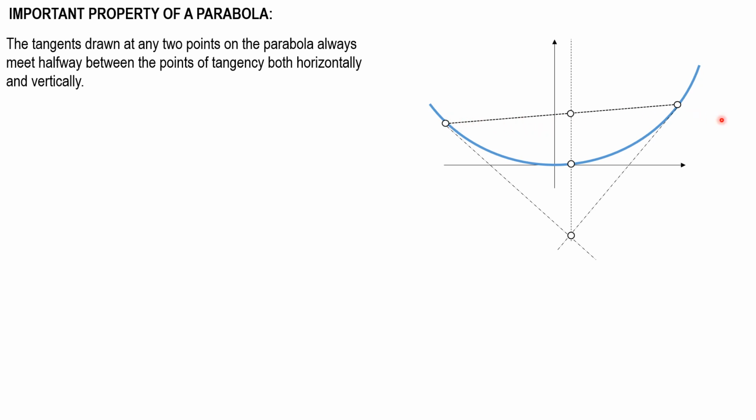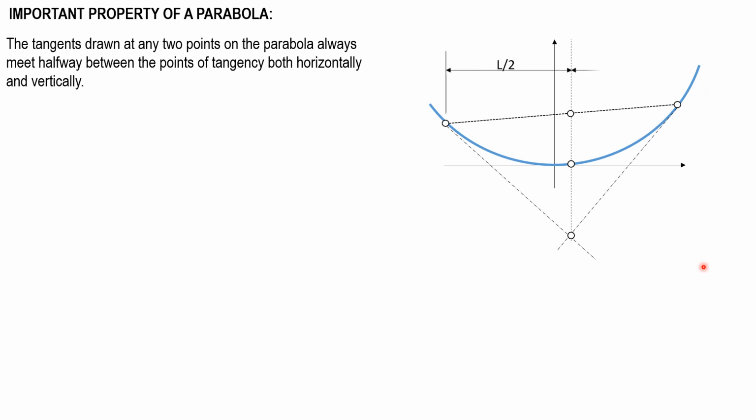This is the midpoint of the line segment joining these points. This is a chord, and this should be directly above this point here and this point here. As stated above, this vertical distance should also be equal to that vertical distance, as well as that horizontal distance and that horizontal distance there.